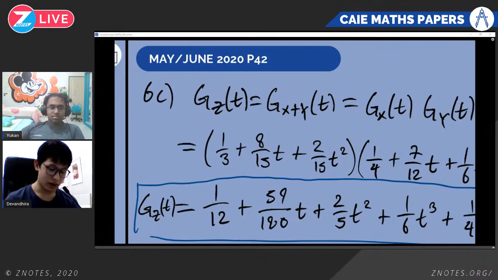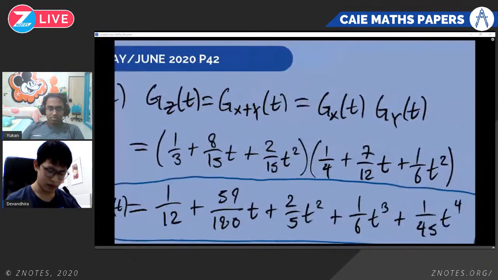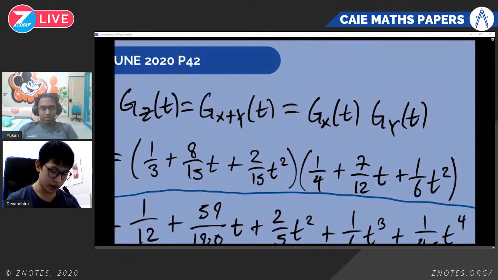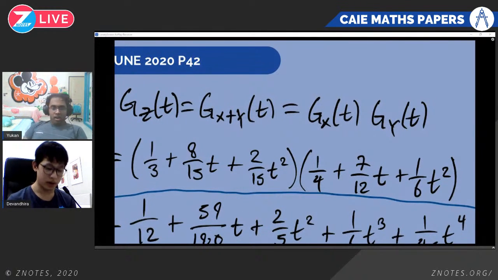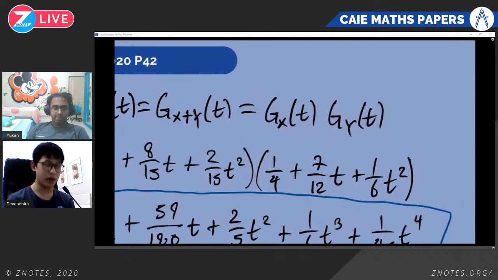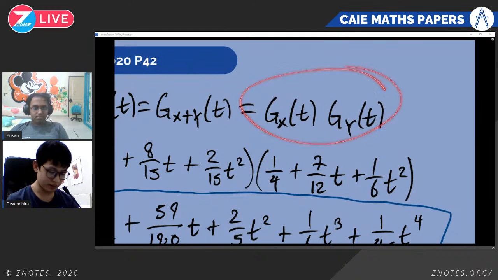Right. So there's a rule here, that if you have G of X plus Y, as long as they're independent, you can split this, and you have two separate PGFs in their respective variables. So G of X plus Y is the same as G_X times G_Y in this case, right?